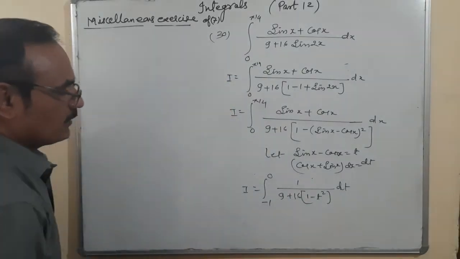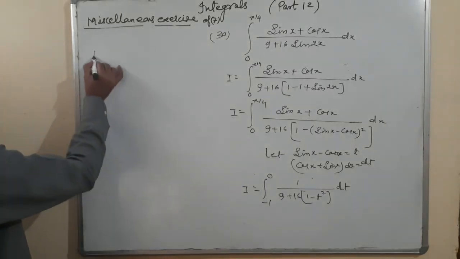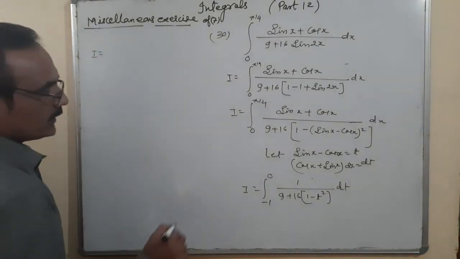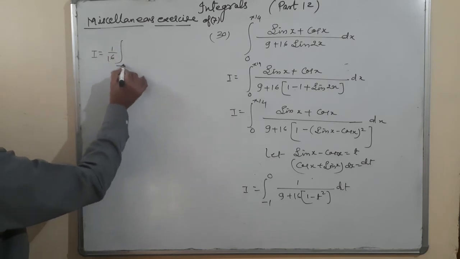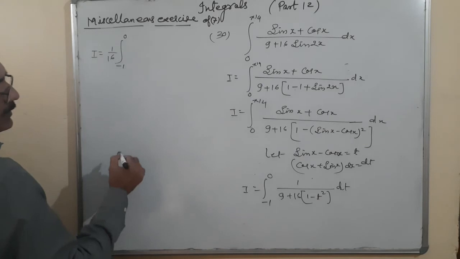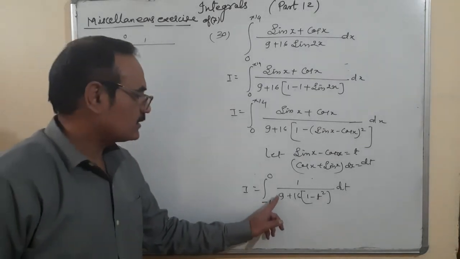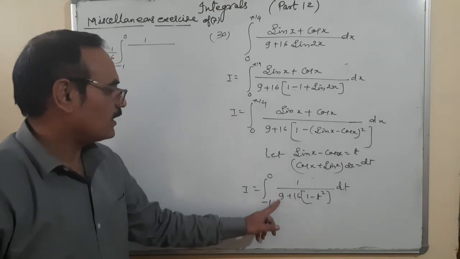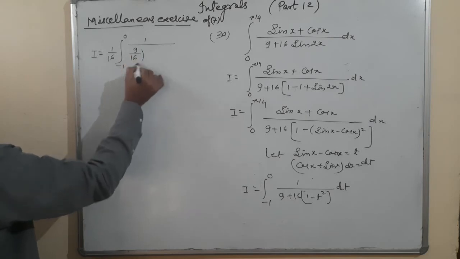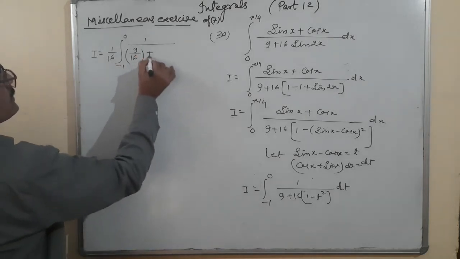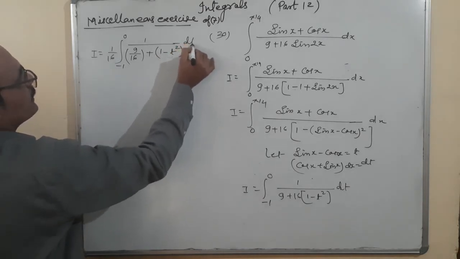Okay. Better to take 16 common. I is equal to 1 upon 16 common, limit minus 1 to 0, and when I take 16 common, 9 upon 16 is coming here, so we write 9 upon 16 plus 1 minus t square, dt.